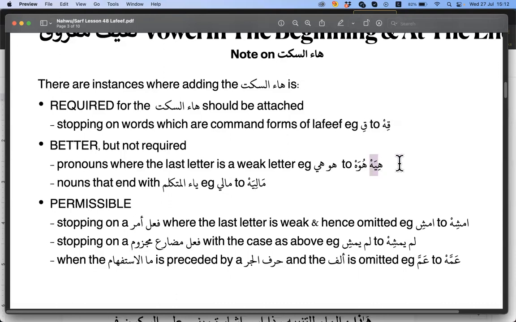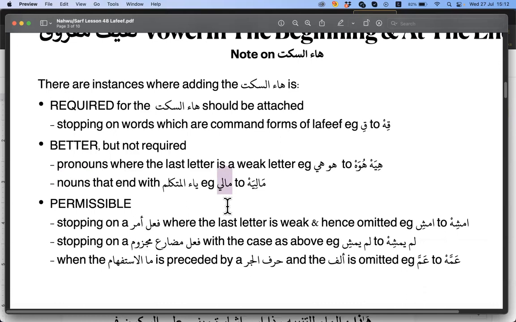Then the other one is nouns that end with a ya mutakallim. So mali. What does mali mean? Yes, my wealth.